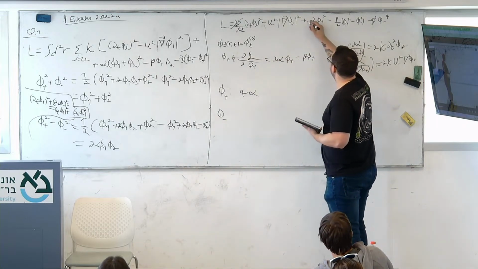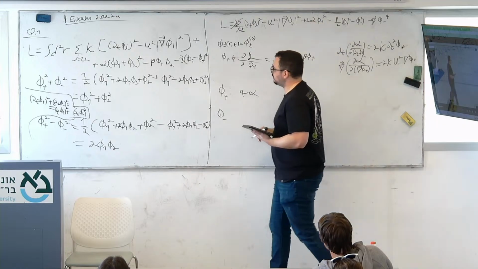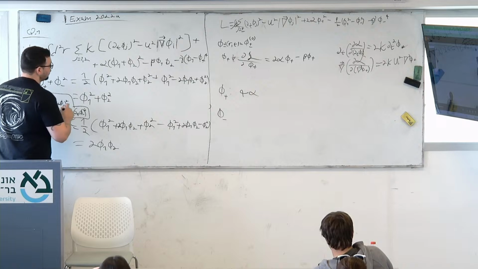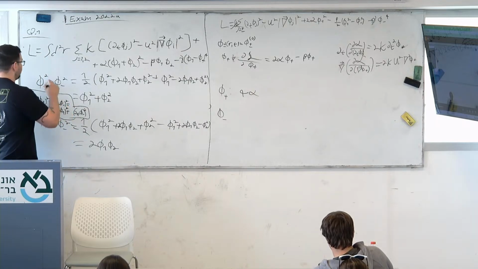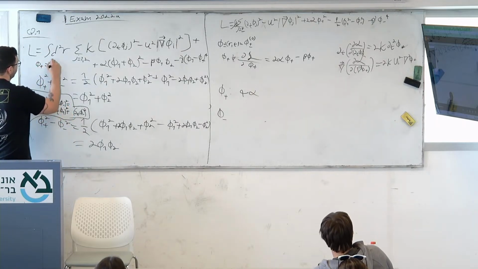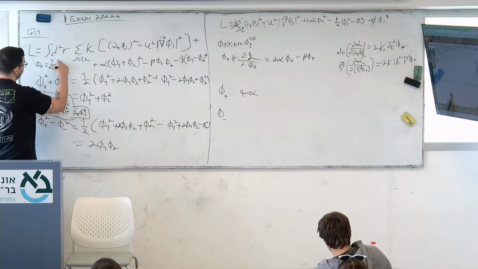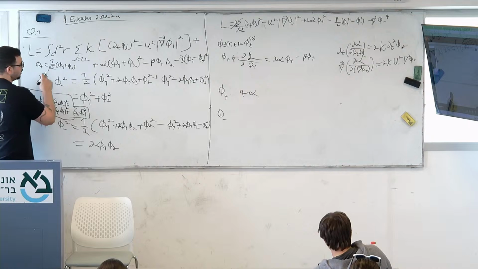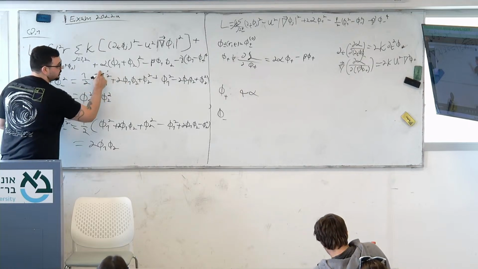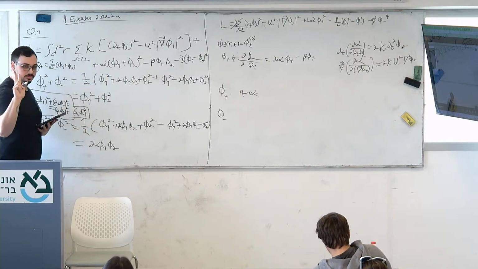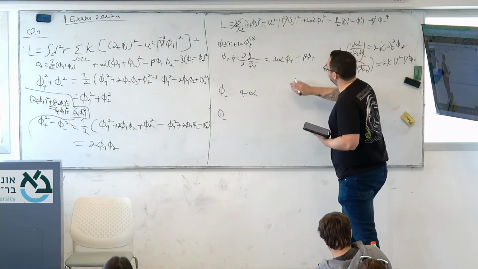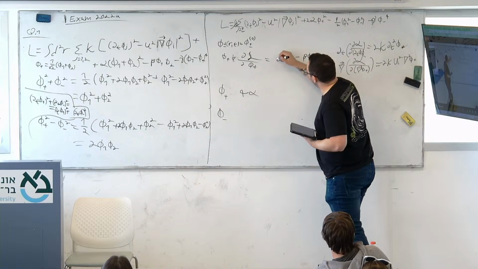Oh yeah, I missed a 2 here. That's why you should work organized. So, mind you, phi plus is equal to 1 over square root of 2 times phi 1 plus phi 2. So there's a square root of 2 missing here. So it's times 2 over here. So over here it becomes a times 4.